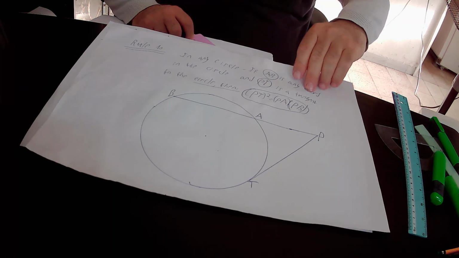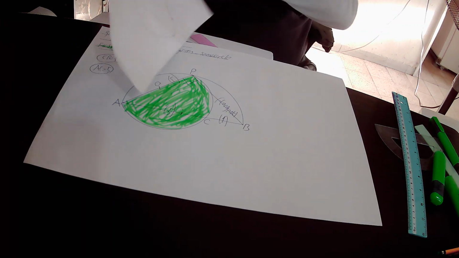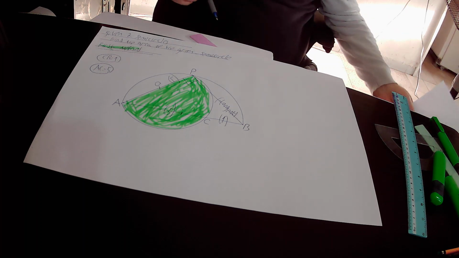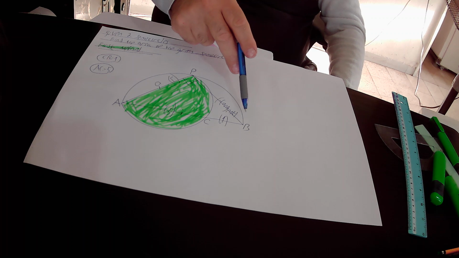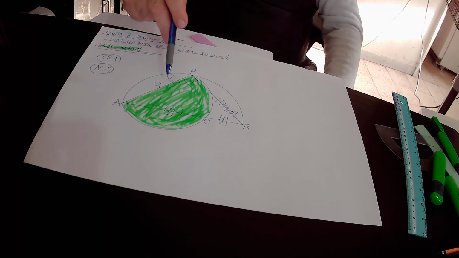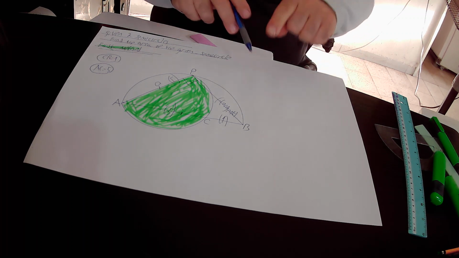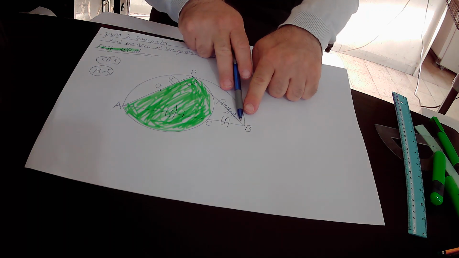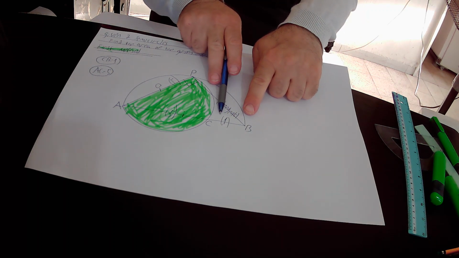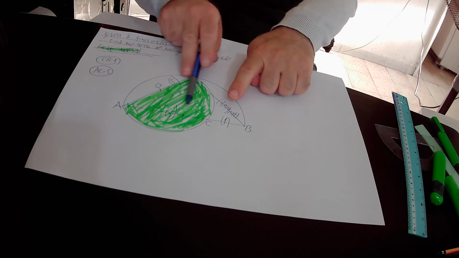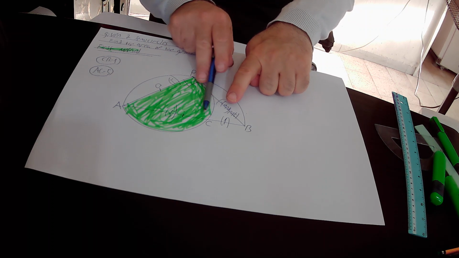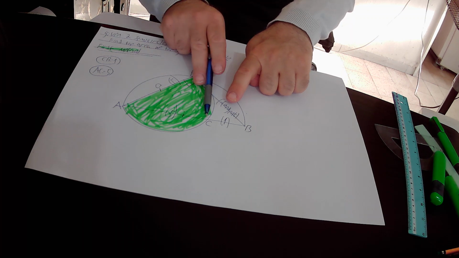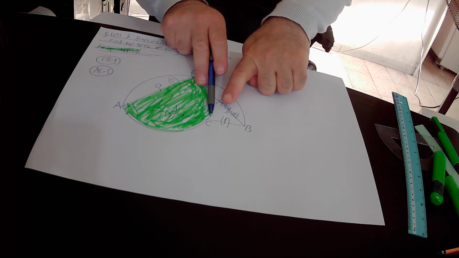Why? Because if we focus on this common point B, from this point B, we have tangent BP to this green semicircle, and from the same point B, if we draw a straight line towards this green semicircle, it will cut this green semicircle at 2 points C and A. In this way, we can derive chord CA.